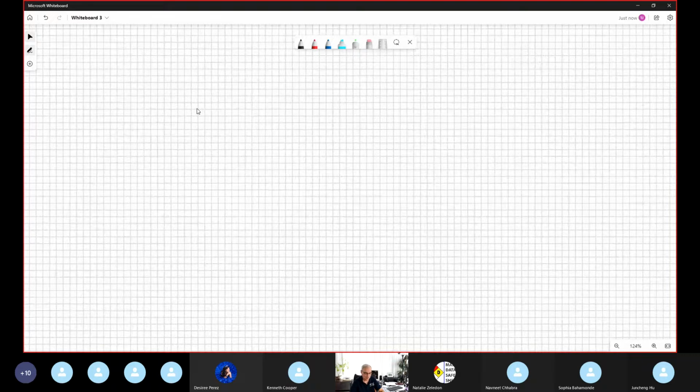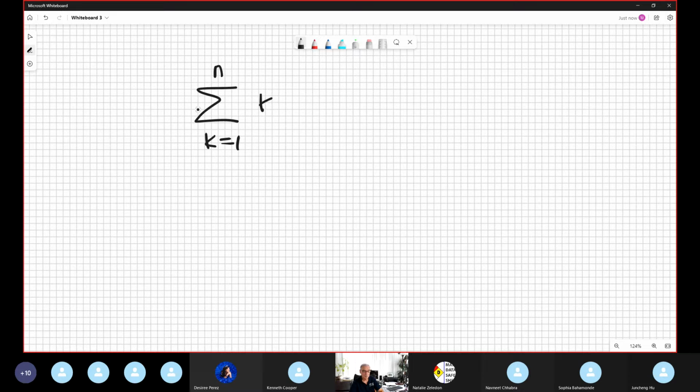Suppose this. I want to prove mathematically this idea in summation notation: the sum is m times (m + 1) times (2m + 1) divided by 6. Do you remember that formula that we used in the last class?